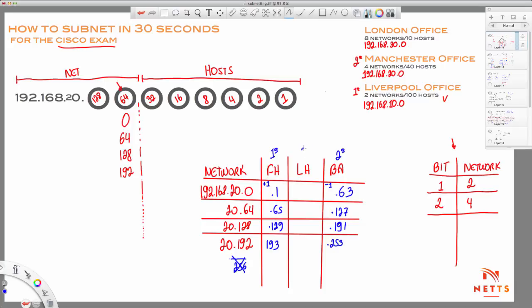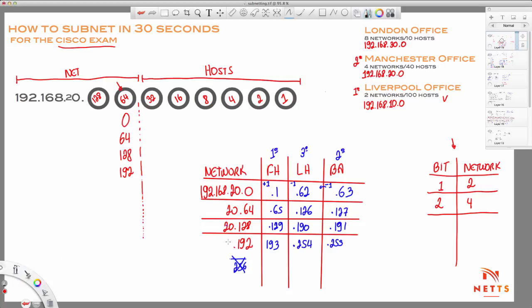The last one in here is the last host. So the last host is always the broadcast minus 1, which is .62, .126, .190, and .254. All done. So I got the network 192.168.20.0.